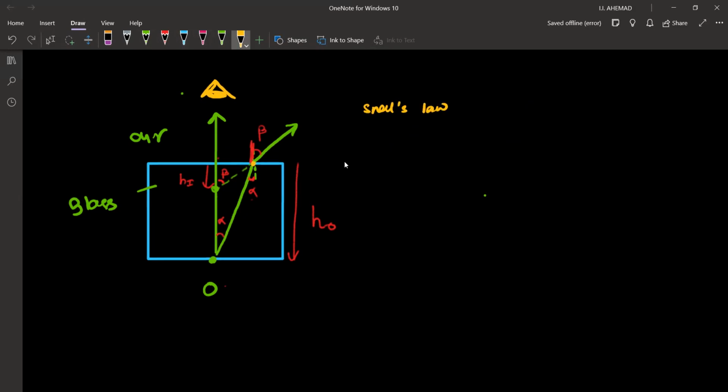I'll consider this one as medium 1. I'll consider this one as N1 and this one as N2 to be more general. So if I apply Snell's law, it is going to be N2 sine alpha that is equal N1 sine beta.